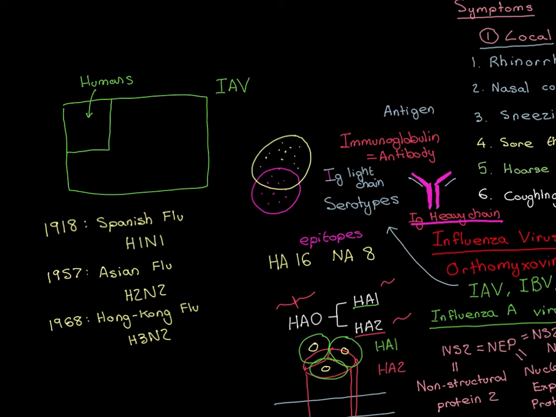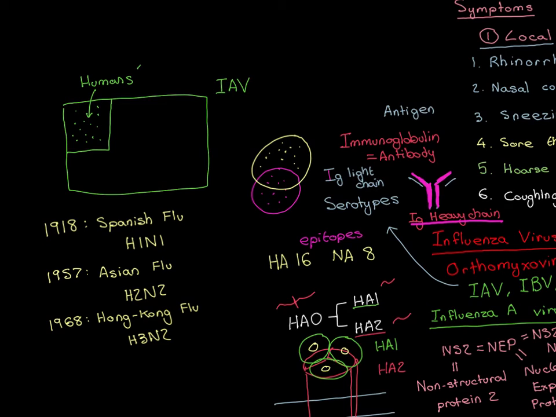I'll draw little dots here, where each dot represents a strain of influenza A virus. Most of those dots will have a hemagglutinin serotype and a neuraminidase serotype, and most of the strains that can infect humans have a hemagglutinin serotype between 1 and 3 and a neuraminidase serotype between 1 and 2.